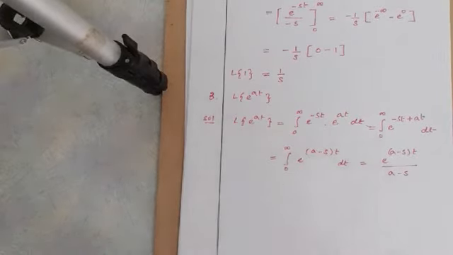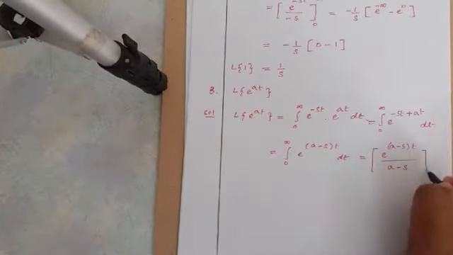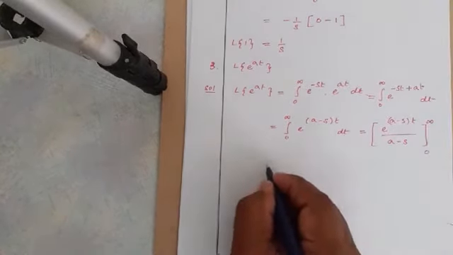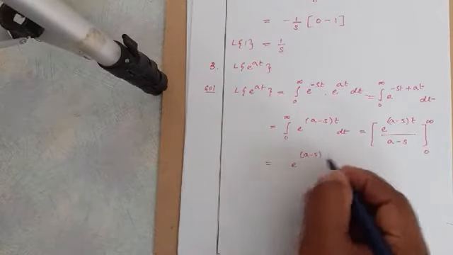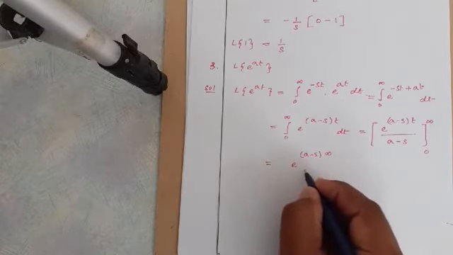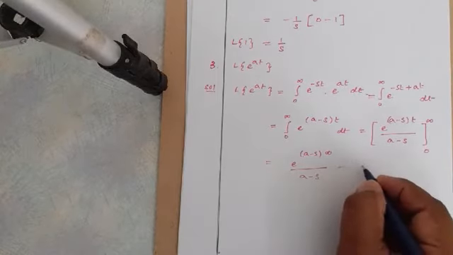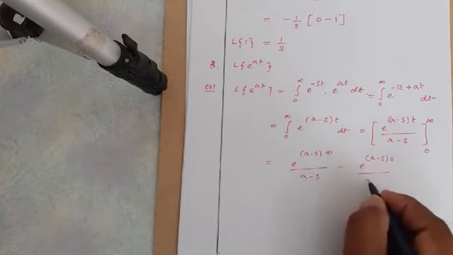As you know, just now we used the formula integral e power ax dx is e power ax by a, so that is what we have written here. After this, now we apply the limits 0 to infinity. Now when you apply limits to t, this becomes e power a minus s into infinity upon a minus s minus e power a minus s into 0 upon a minus s.